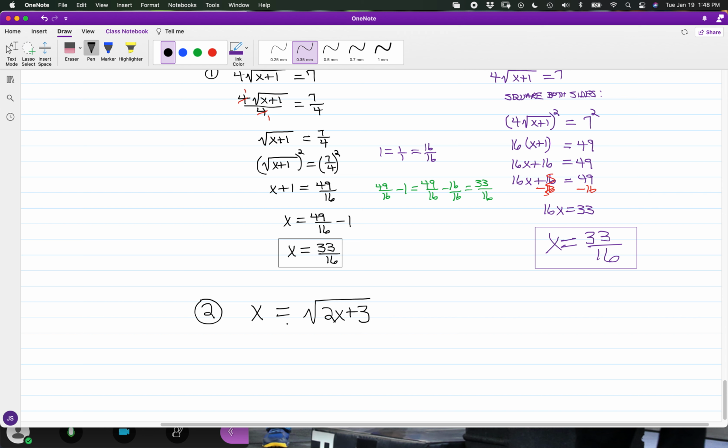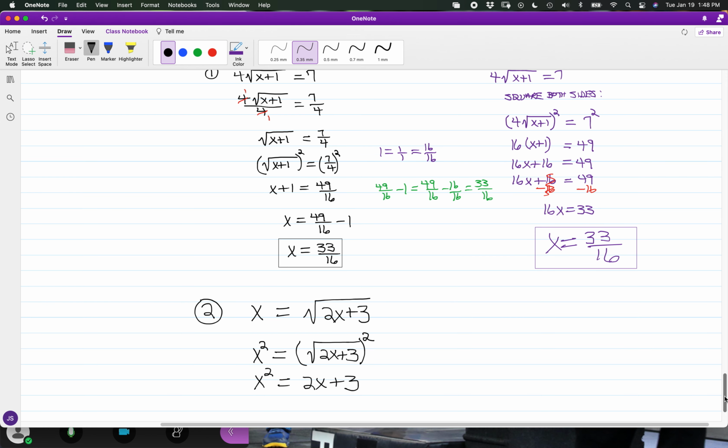Here we have x is equal to the square root of 2x plus 3. And if I go ahead and square both sides, so for what I have x squared to the left and to the right. Okay, so I have 2x plus 3.